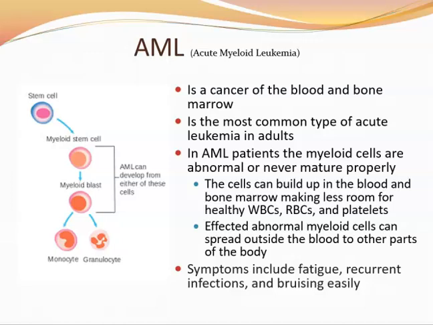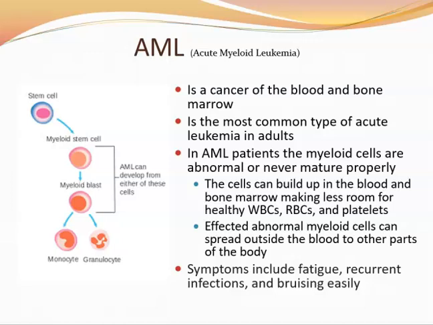The cells can build up in the blood and the bone marrow, making less room for healthy white blood cells, red blood cells, and platelets. Affected abnormal myeloid cells can spread throughout the blood and other parts of the body. Symptoms of AML patients can include fatigue, recurrent infections, and these patients can also bruise very easily.